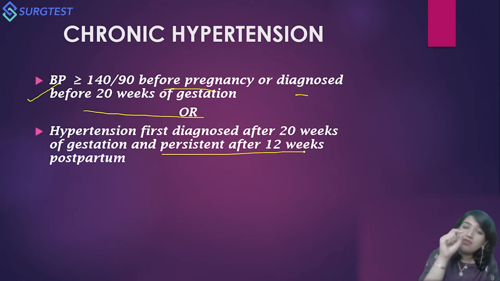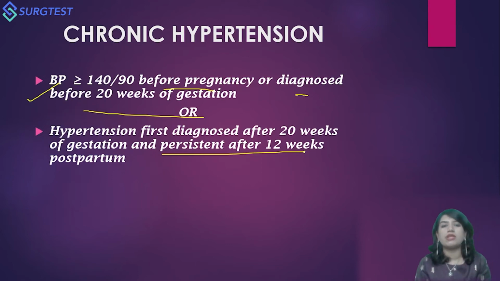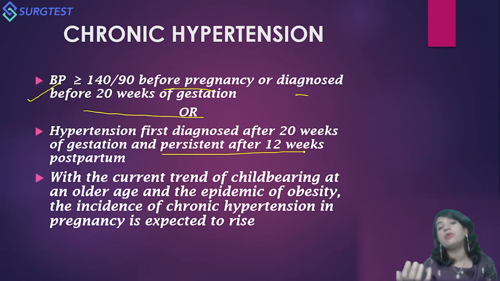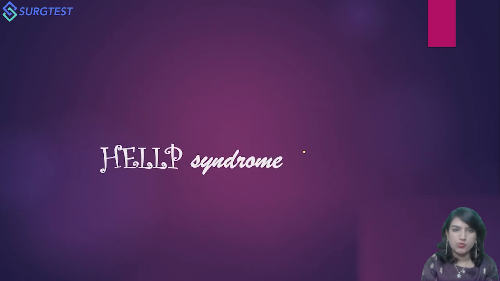Even if this set off after 20 weeks of gestation, if it persisted equal to or more than 12 weeks postpartum, it is not gestational hypertension, it is what? It is chronic hypertension. And with the current trend of childbearing at an older age and the epidemic of obesity, the incidence of chronic hypertension in pregnancy is expected to rise. So we need to be more and more aware of the management protocols regarding chronic hypertension.